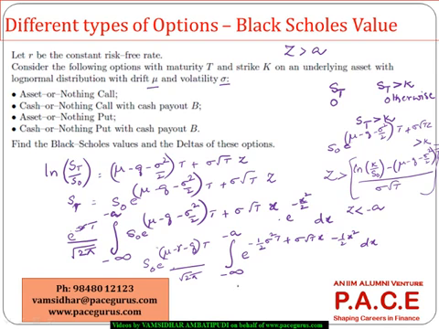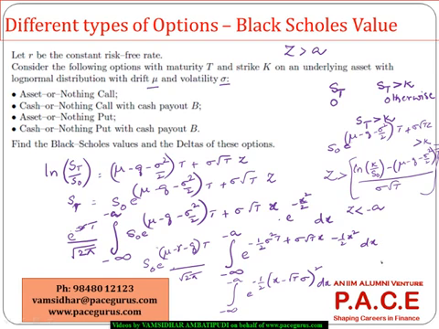Now keeping this part aside, this is becoming the integral from minus infinity to minus A of e power minus half into (x minus sigma root t) whole square dx.